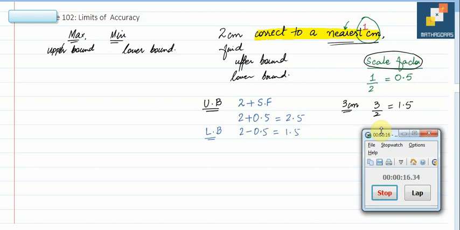That gives you the scale factor, which you add for the upper bound and subtract for the lower bound. How you apply it, we are going to see in the worksheet questions.